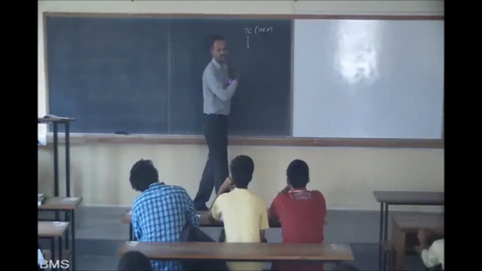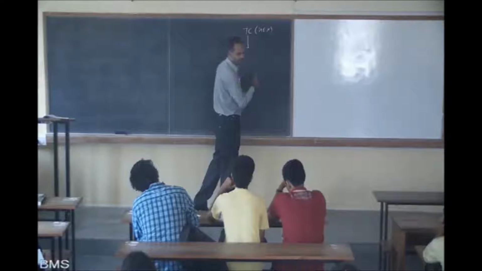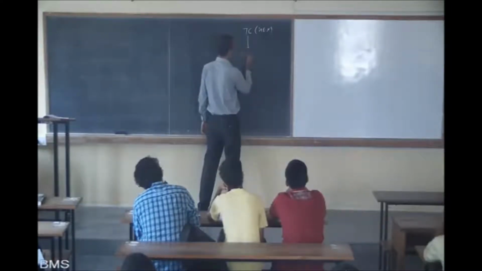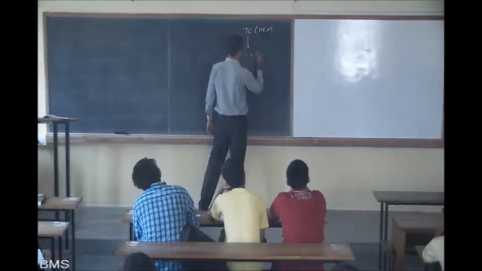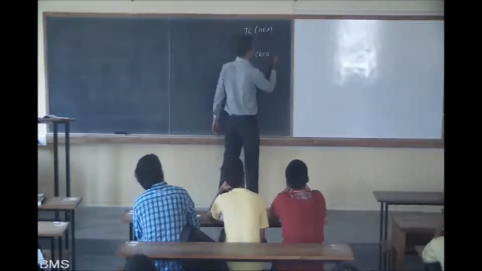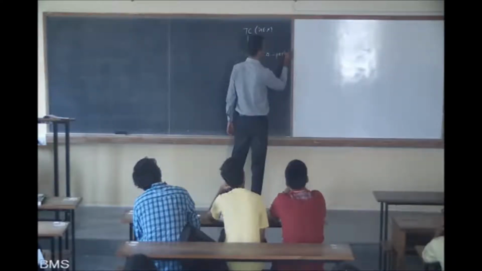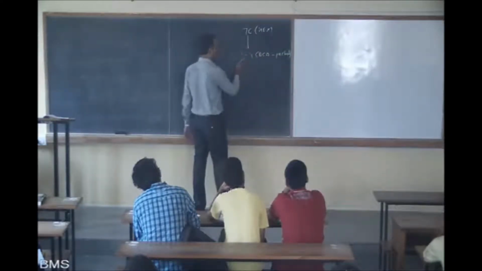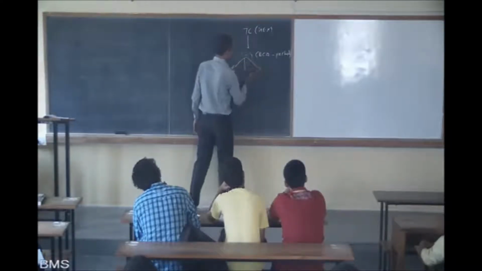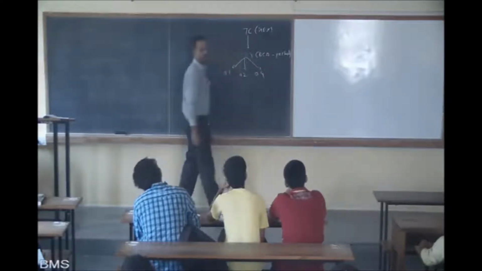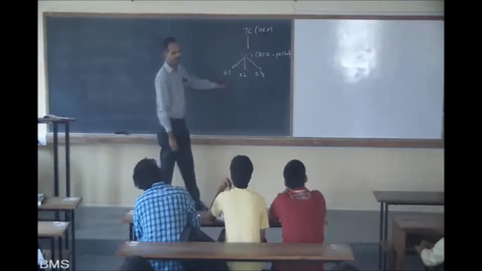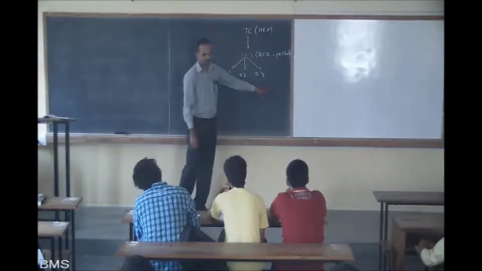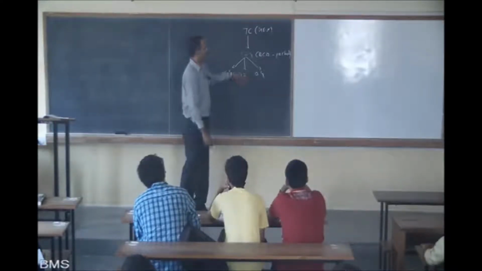If I want to convert that to the decimal, what is the value? 124, right? 124 is in BCD and it is a packed number again. How do we unpack it? It is 01, 02, 04. This is the unpacked number.